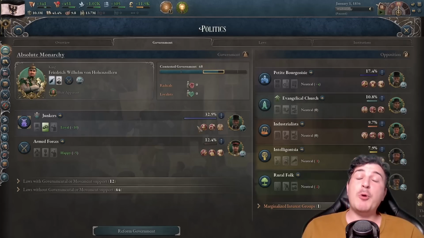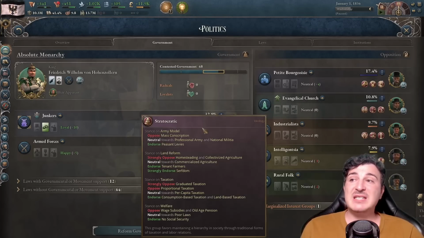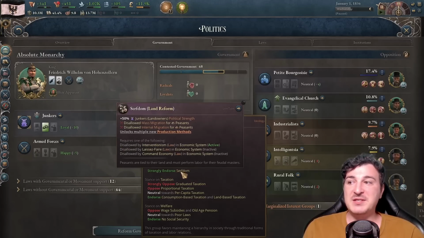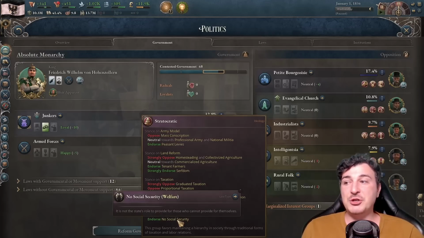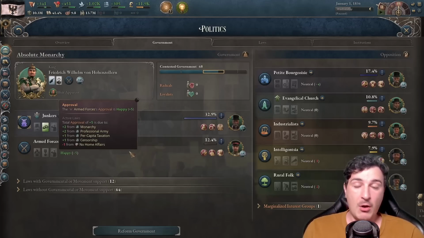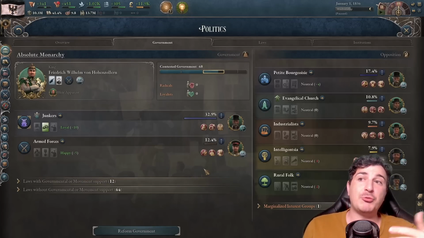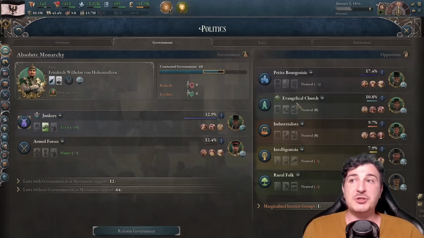Every interest group also supports specific legislation via their ideology. So the Junkers are stratocratic, meaning they support peasant levies, serfdom, consumption-based taxation, no social security. They're basically horrible. In general, at the start of the campaign, every single Junkers, or better yet, a landowner interest group, is the worst. Landowners, the church, are the 2 groups you do not want to support.